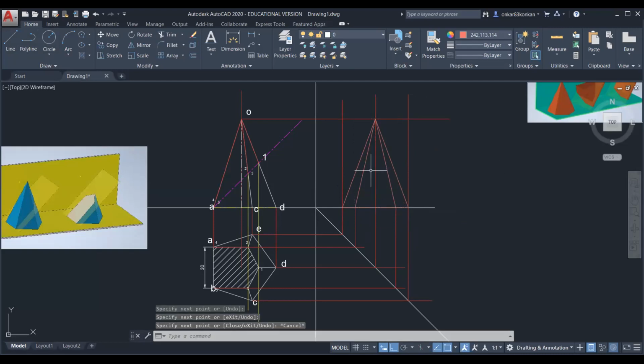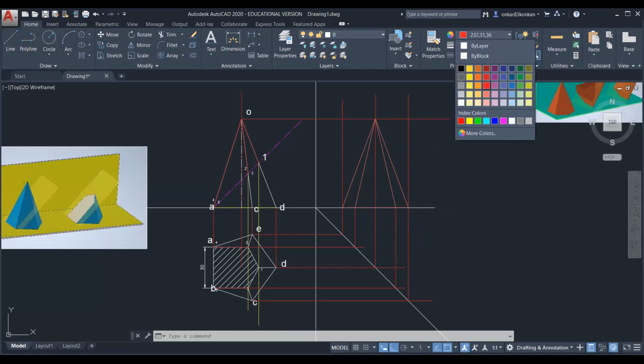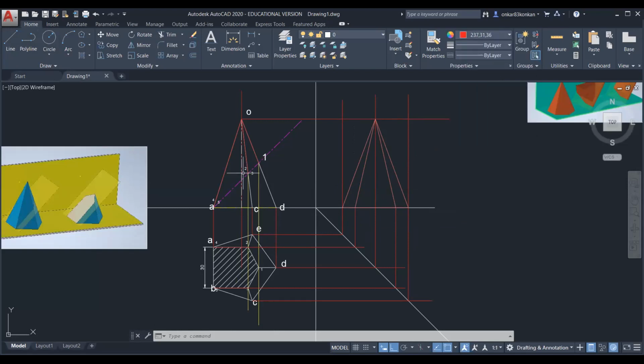So this side view is for the complete pyramid. Now project this point. So this is point 1, points 2 and 3, and points 4 and 5 in this side view.